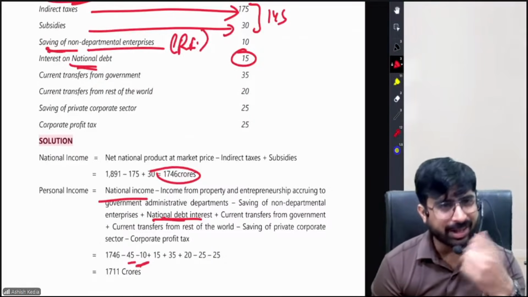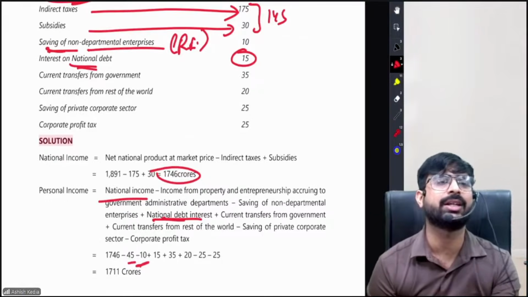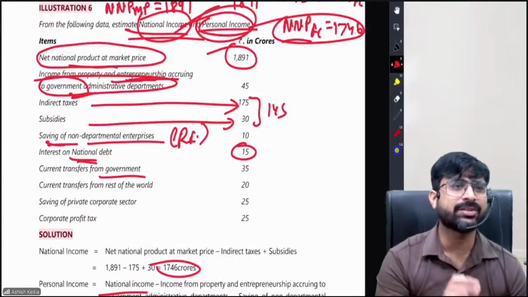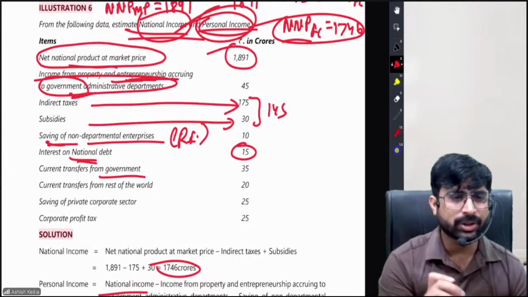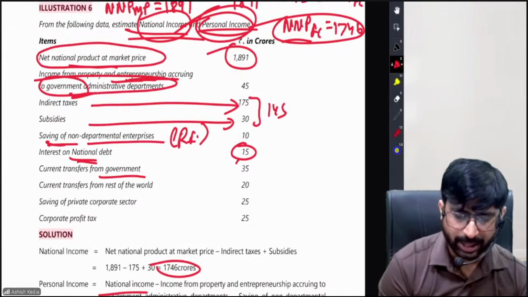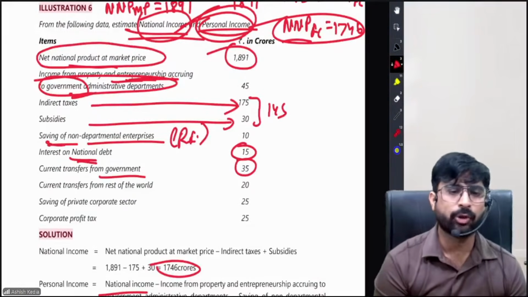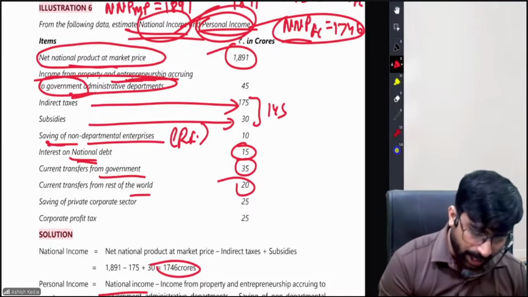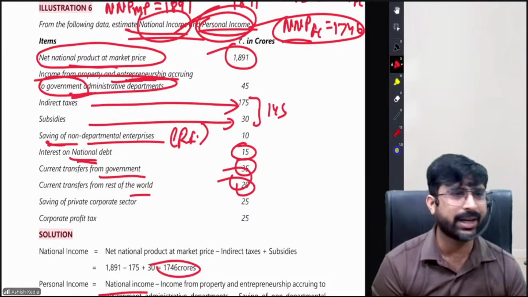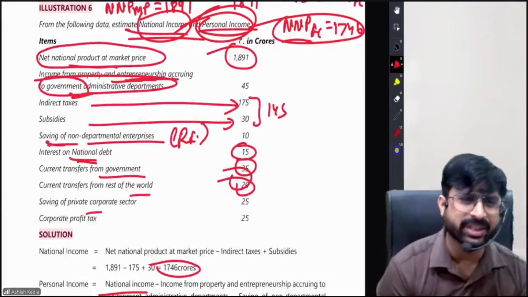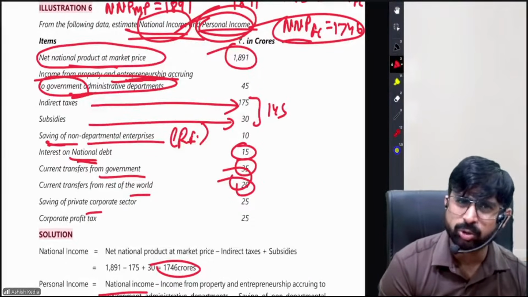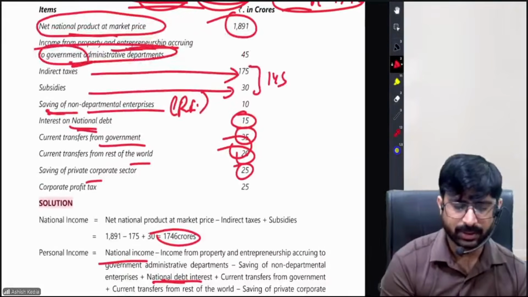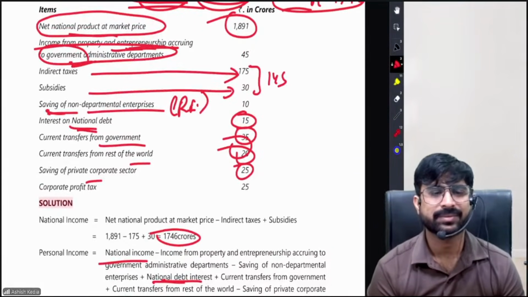I told you, whatever reaches, add, whatever does not, less. See, current transfers from government means households are getting pension. So they are getting it, yes or no? Yes, add. From rest of the world, households are receiving gifts or something. Add that. Savings of private sector. Is the savings reaching the households? No. Deduct that.